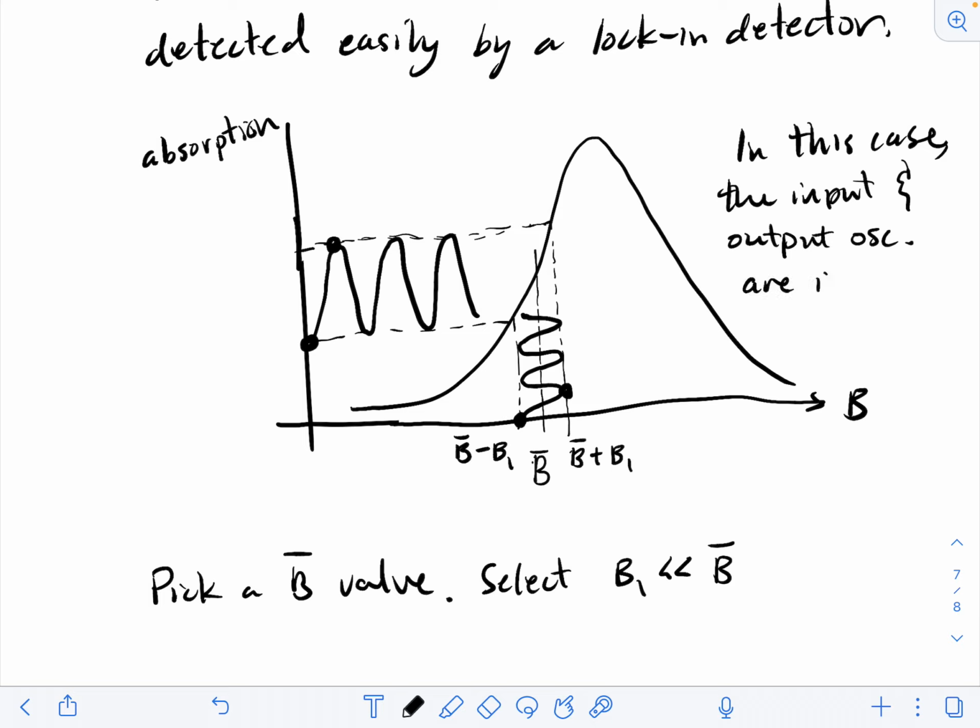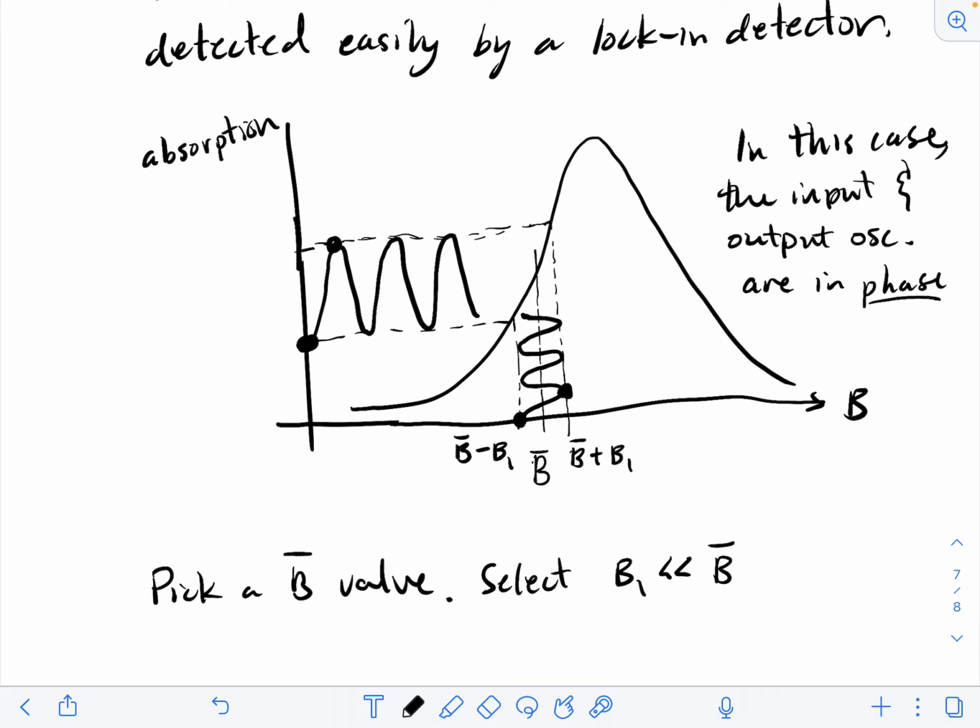What I mean by input oscillations is the oscillations we introduce to the magnetic field. So when this is a minimum, the absorption, which is the output oscillation, is a minimum. When the magnetic field is a maximum, the absorption is a maximum. So those oscillations are in phase.